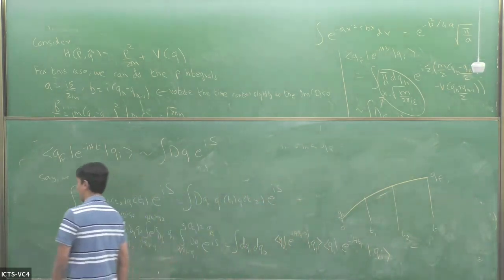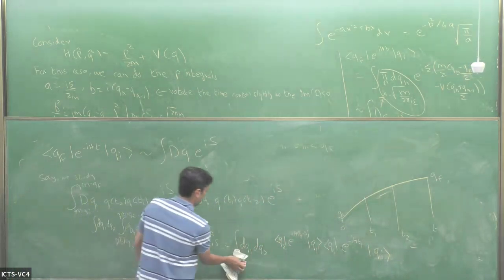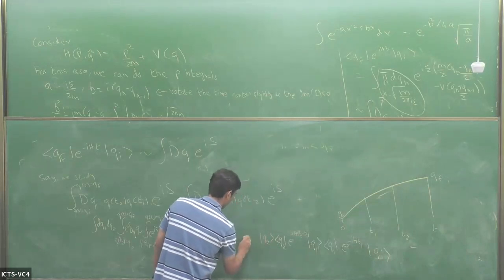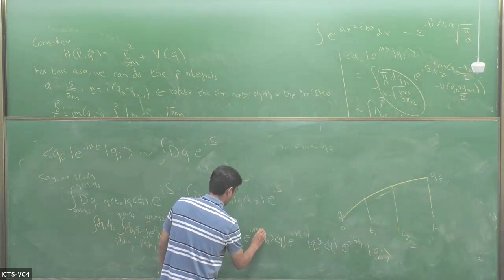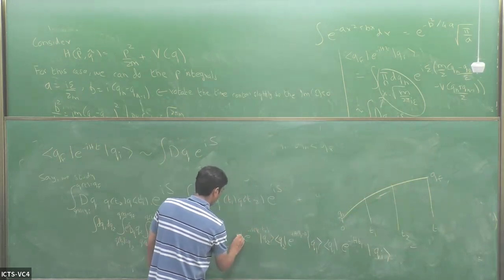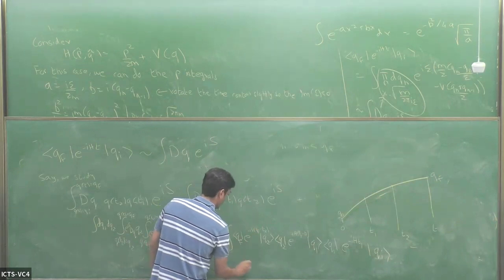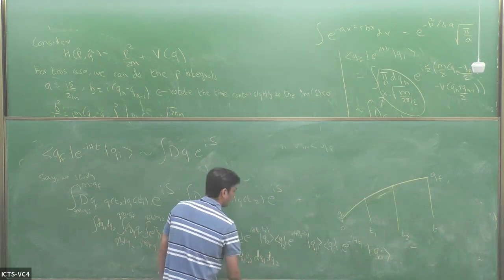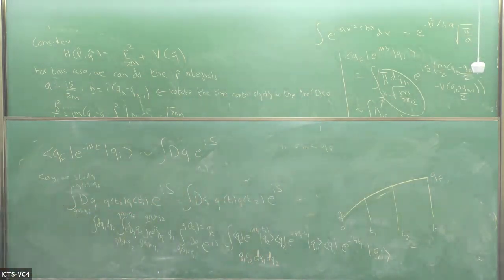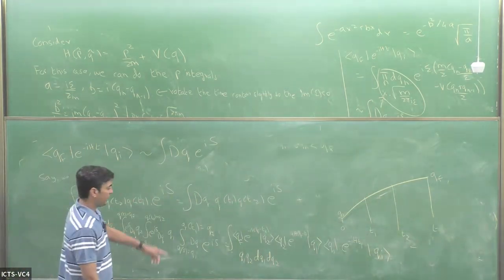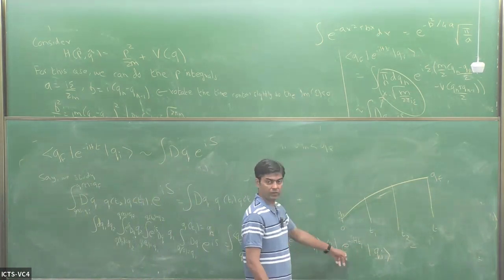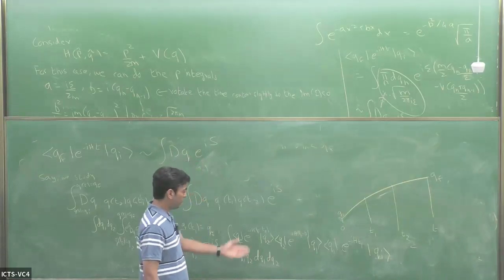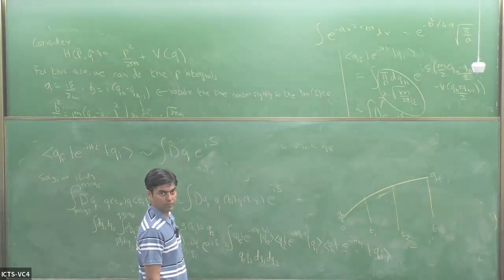Okay, is this clear? I wrote it as a function of three factors, but we know how to interpret each of these factors. This is the first factor, this is the second factor, this is the third factor, and then there are factors of q1, q2. So we know how to interpret these factors. Okay, good.